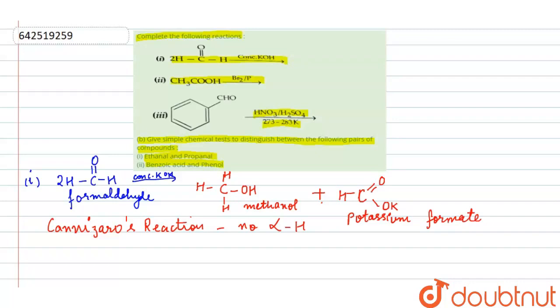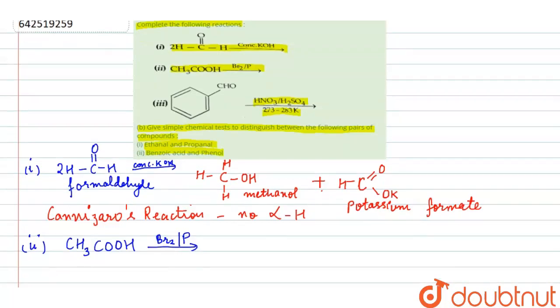The second reaction is CH3COOH. This is your acetic acid or ethanoic acid. It's undergoing a reaction in the presence of bromine and phosphorus. This is red phosphorus here. It is used in catalytic form. So a small amount of phosphorus is used as a catalyst here, and this reaction is a name reaction.